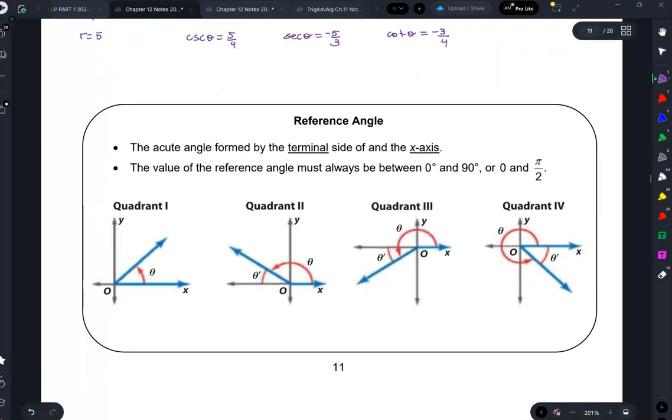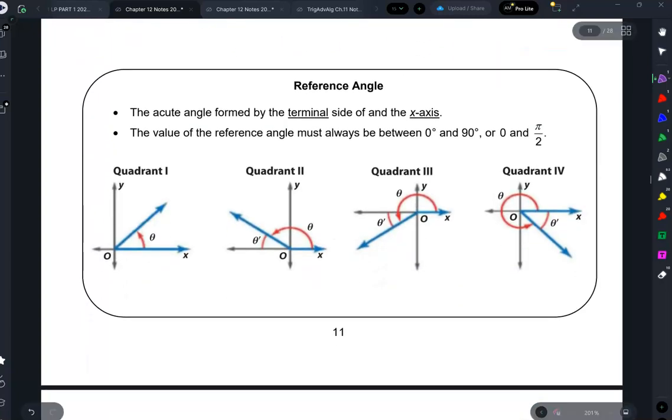All right, let's talk about a reference angle. This is something kind of unrelated. If you have any angle, the reference angle is an acute angle formed between the terminal side and the x-axis. So if you have an angle here, this is the terminal side. The angle between that and the x-axis is your reference angle.